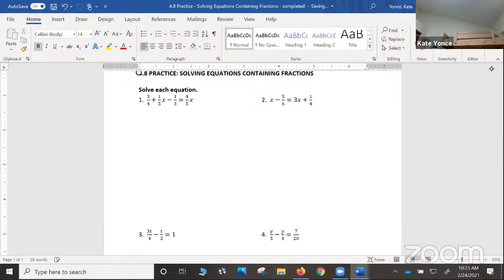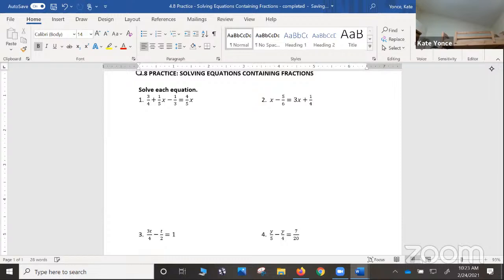That will give us 25. After I did the minus 12x on both sides, I got 45 minus 20 equals 36x. Yeah, I got that too.